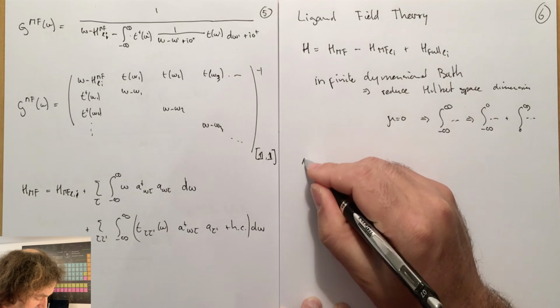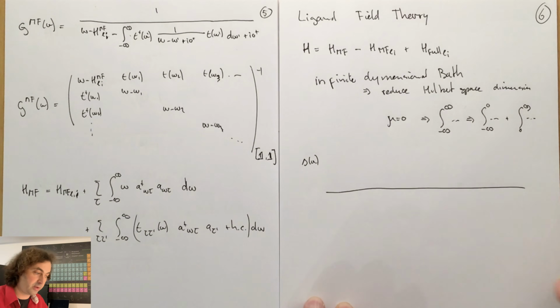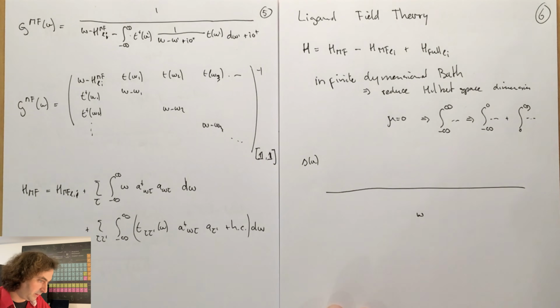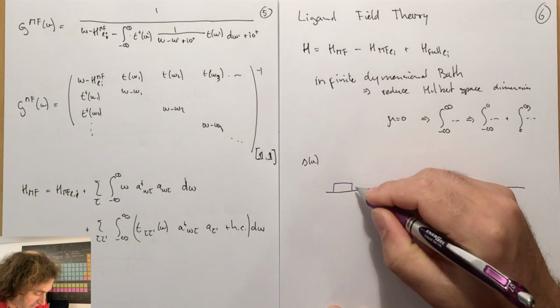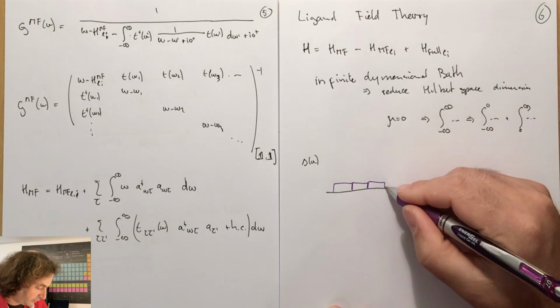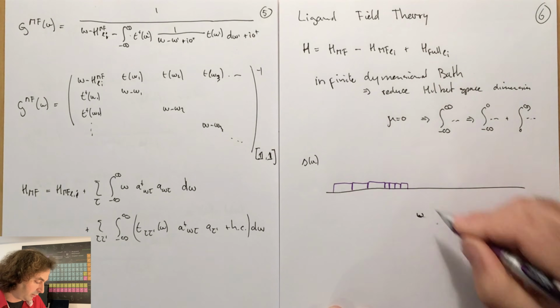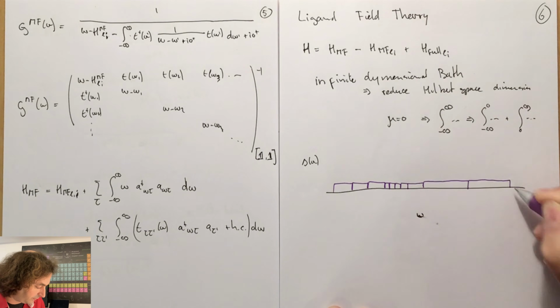Now if you look at your hybridization function that encodes the influence of the bath on your local impurity, this is a function of frequency, and we now want to discretize this function. For that you can define intervals and say, well, I'm going to look at the hybridization in different intervals, and maybe close to the chemical potential you want to make smaller intervals, and then far away you can make very large intervals.